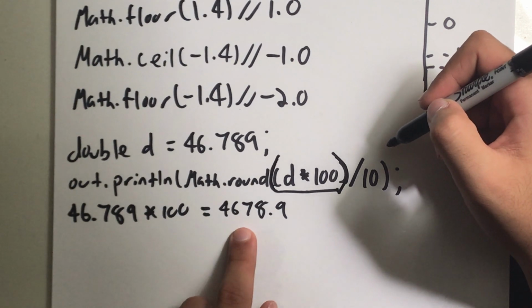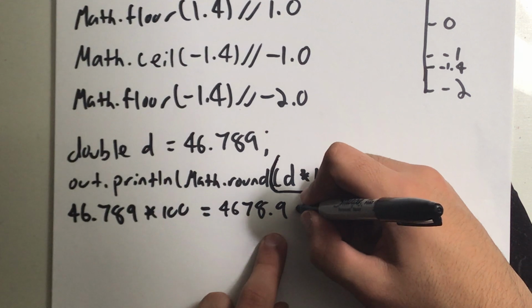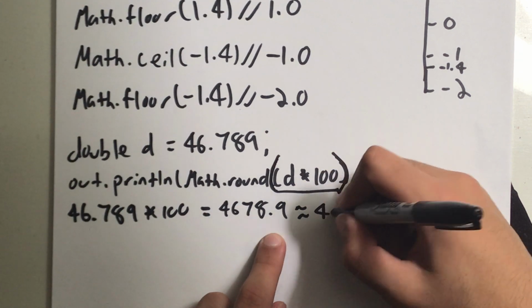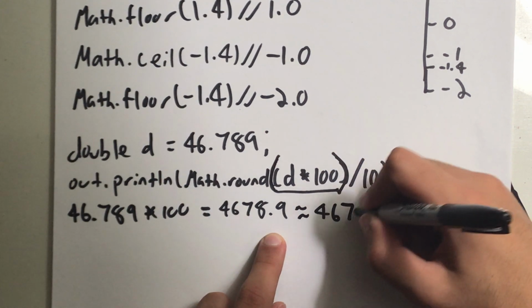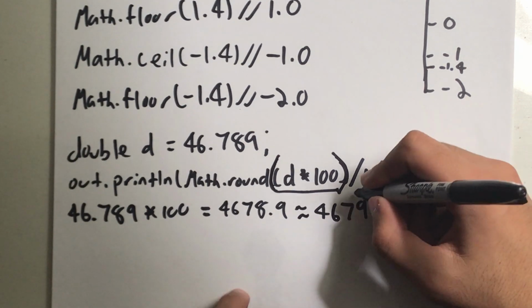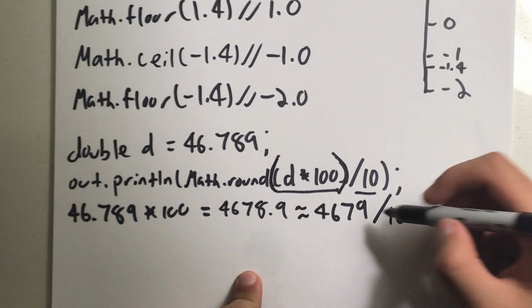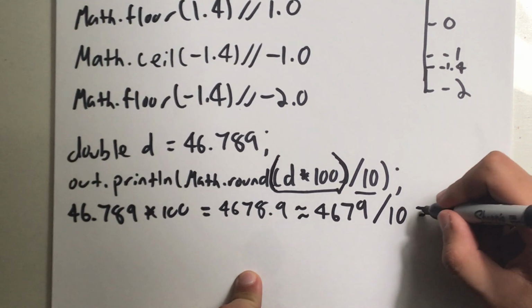So when you round 4678.9, it's gonna be rounded up to 4679, right? Because you're gonna round up. Then you're going to divide by 10, right? When you divide by 10, you move the decimal place one time to the left.